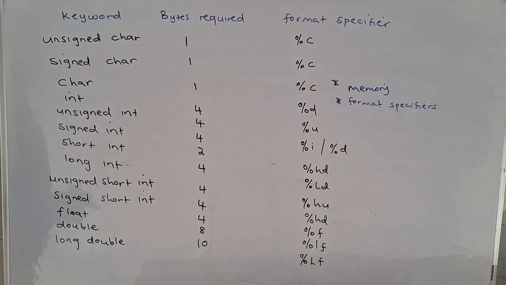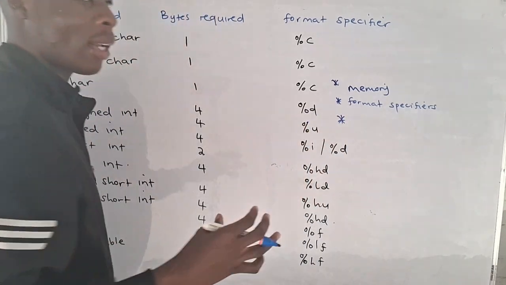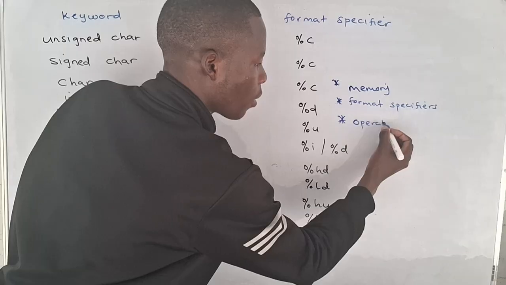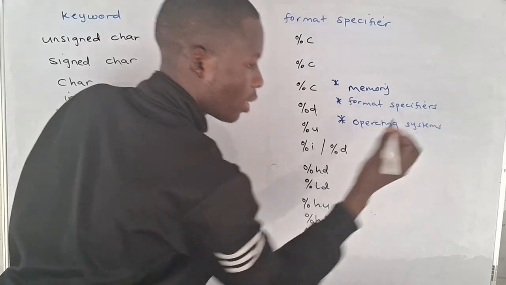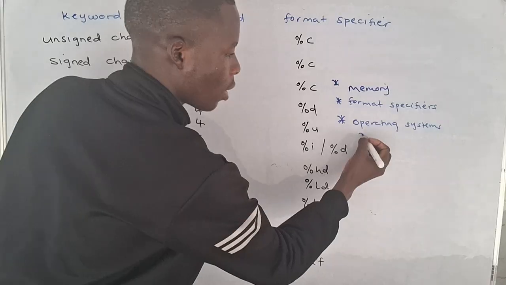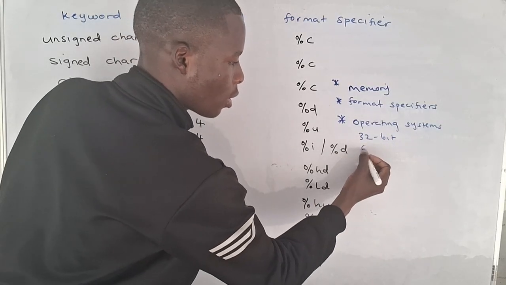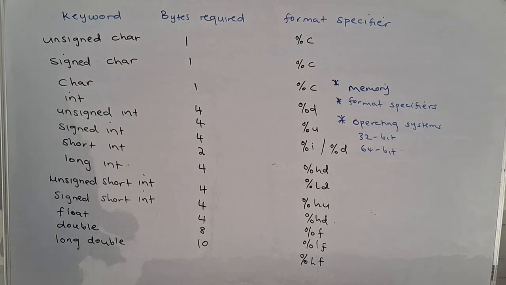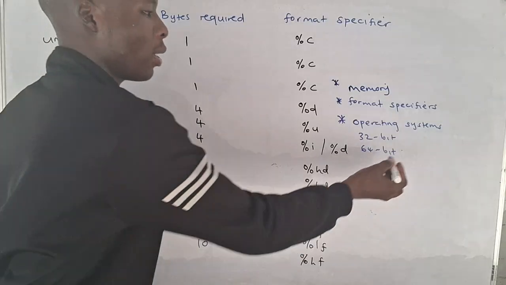The other thing is that the computers you use have different operating systems. Some are 32-bit operating systems and some are 64-bit operating systems.